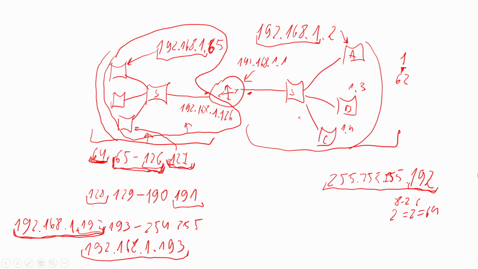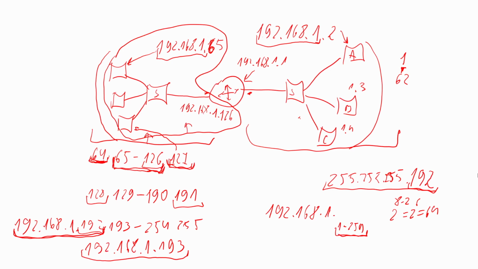Okay, so basically subnetting is like separating this part of the network from the rest of the network. The idea of subnetting is to have more networks and fewer nodes in each network. Why? Because if we are using default subnet masks, for example in C classes, we can have from 1 to 254 different nodes in this network.